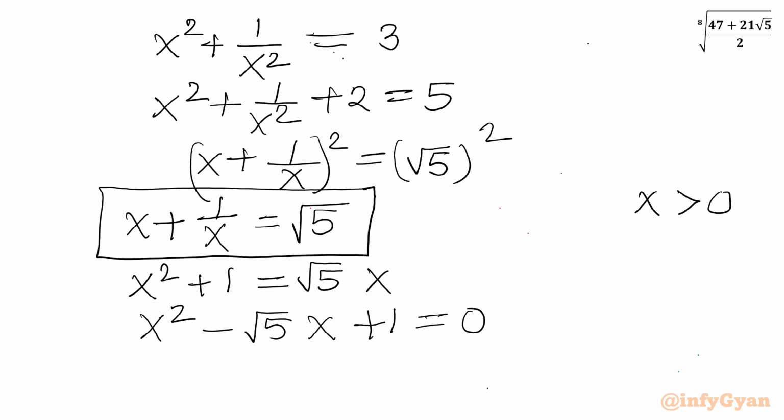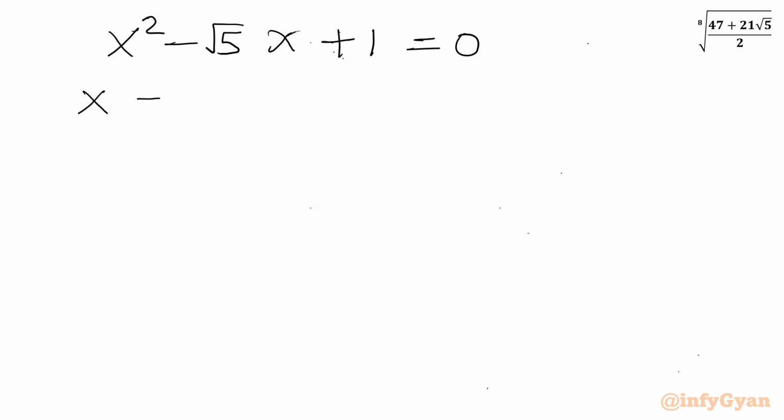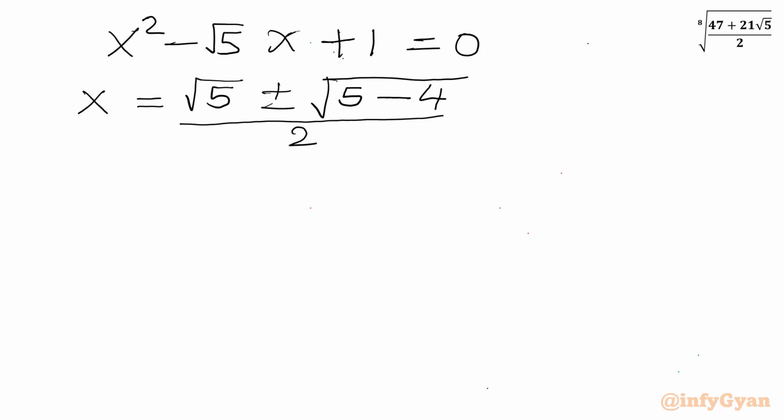Let's use quadratic formula. So I will write x square minus root 5x plus 1 equal to 0. So x will be equal to minus b, so root 5 plus minus under the root b square means root 5 whole square, so 5 minus 4ac, divided by 2a.